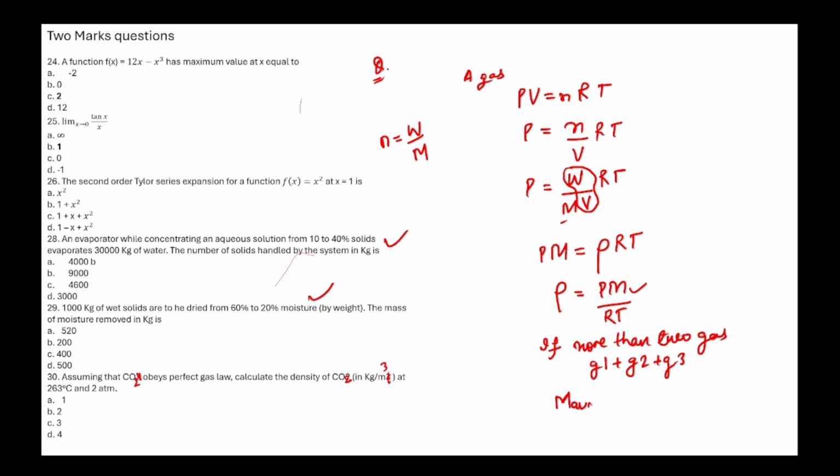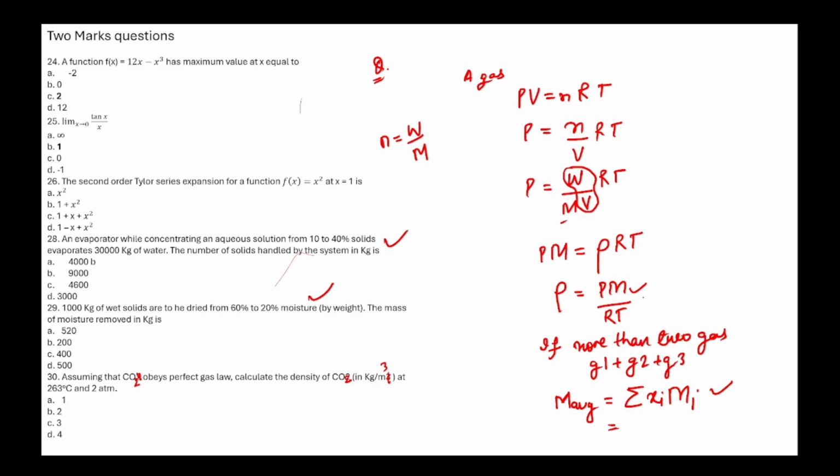Average molecular weight is equal to summation of xi into mi. In the question we know the molecular weight of all the gases, and we will find the mole fraction and apply this formula. But for a single component system, the molecular weight will come. Even if you apply the average, there is only a single gas, so it will give the same value, 1 into molecular weight, that's all.